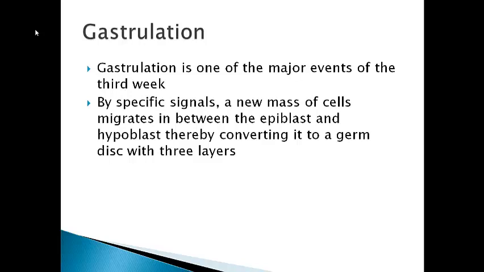In certain situations, we know where these signals are coming from. In other situations, this is something that is still under research, and people are still trying to figure out where certain signals come from.